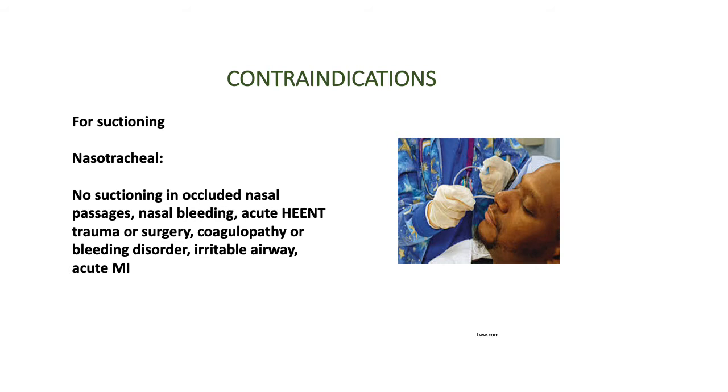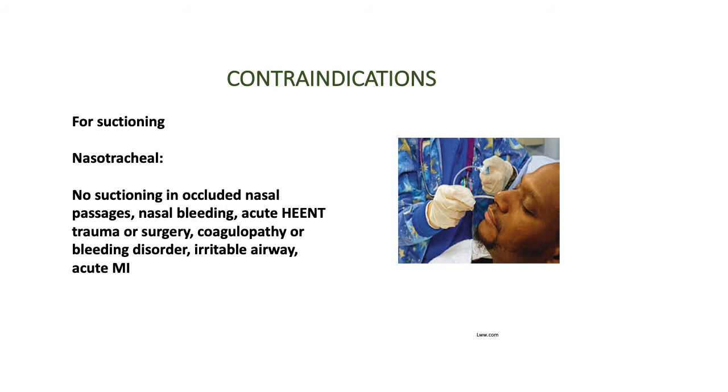If the patient has epiglottitis, inflammation of the epiglottis, croup, or an irritable airway, nasotracheal suctioning is contraindicated because it will cause intractable coughing, which will lead to hypoxemia and even more severe bronchospasms.